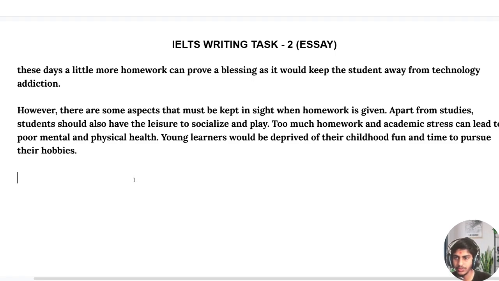And now our conclusion paragraph. We move to our conclusion paragraph.